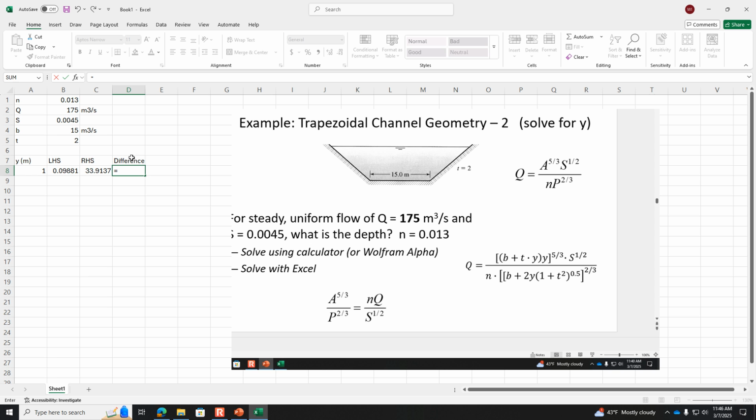So the difference is one minus the other. And what my goal is to find what depth is going to make it so that the difference is 0. So 1.1, does that get me closer? A little bit. 1.2, difference is getting smaller.